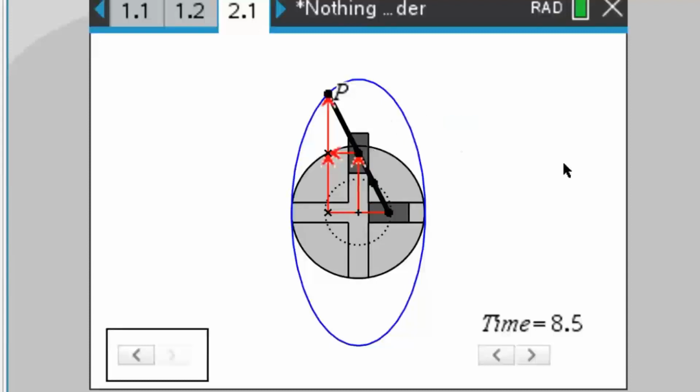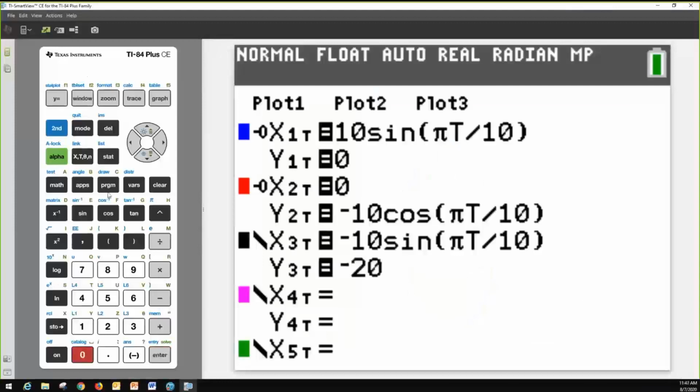So in actual fact, because this distance is 10 and that distance is 10, I can shortcut it. I can say that it must therefore be negative 20 cos pi t on 10.